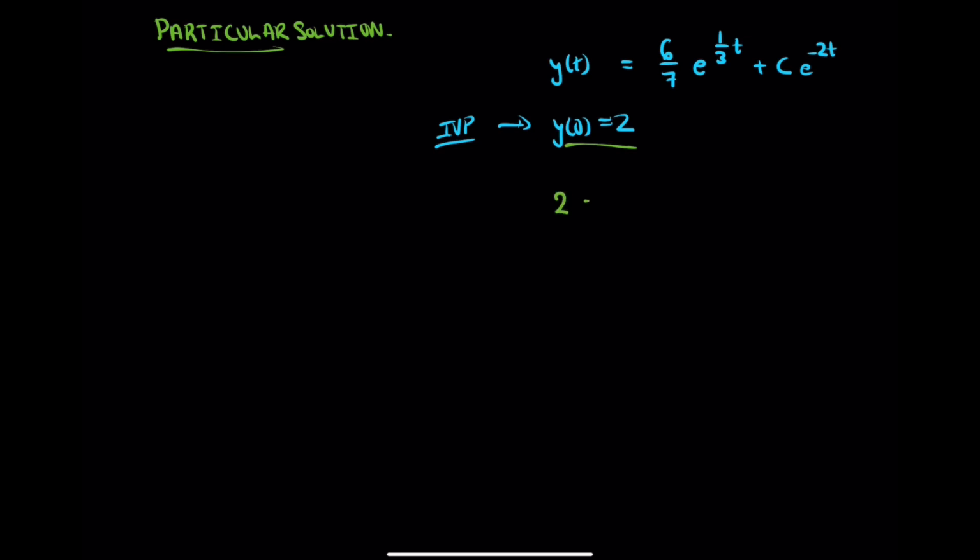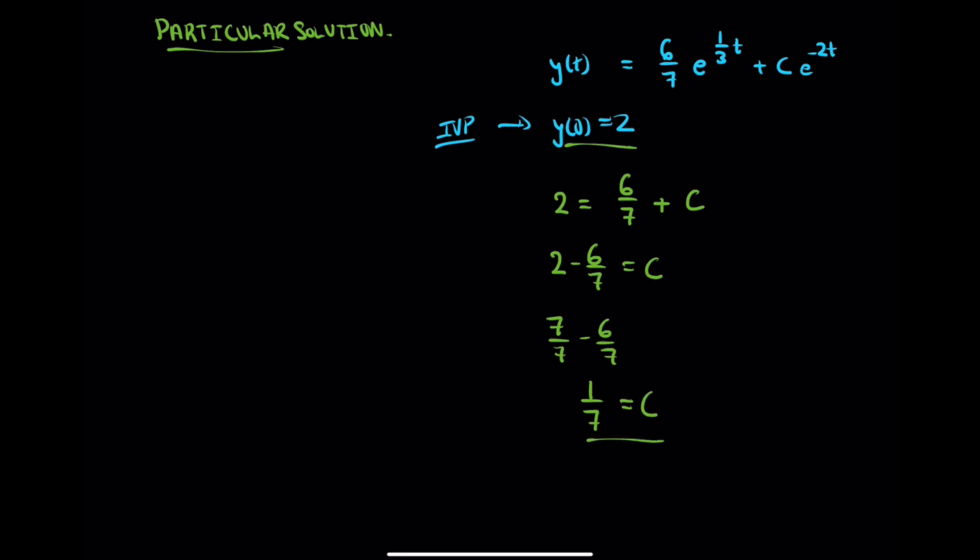So 2 equals 6 over 7 e to the power of 0, that's just 1, and then c e to the power of 0, that's just 1 again. So then 2 minus 6 over 7 equals c. 2 is 7 over 7 minus 6 over 7, so that's just 1 over 7 is equal to c.